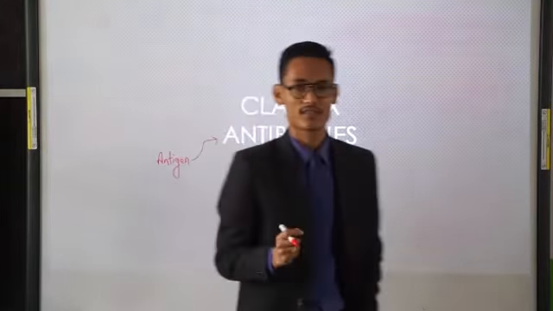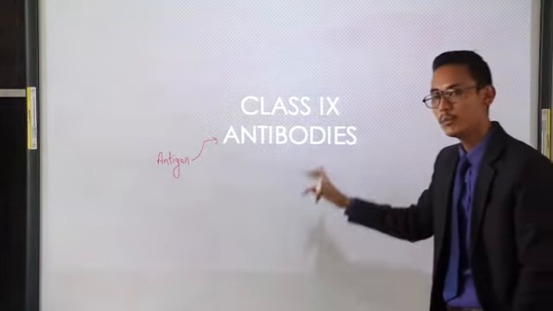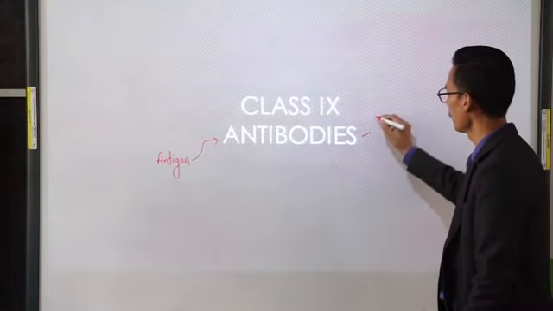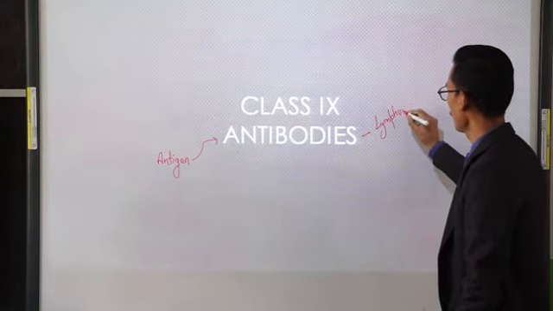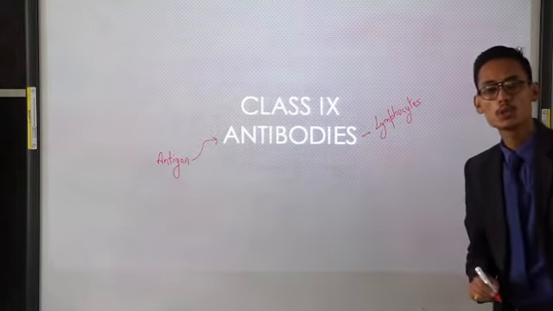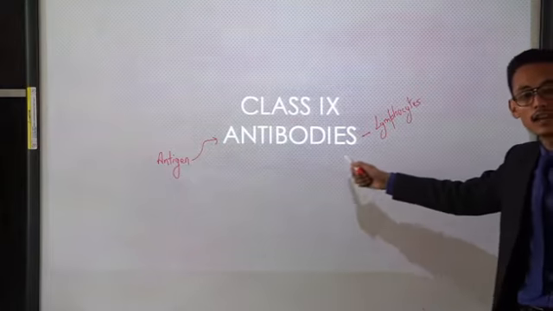Immunity in our body is mainly provided by the formation of antibodies, and these antibodies are mainly produced with the help of lymphocytes. So lymphocytes will help in the formation of antibodies.